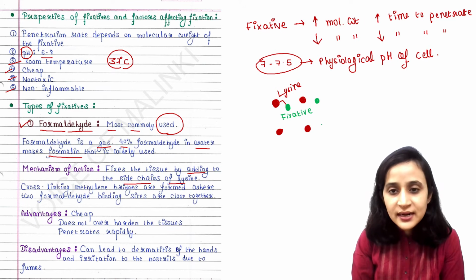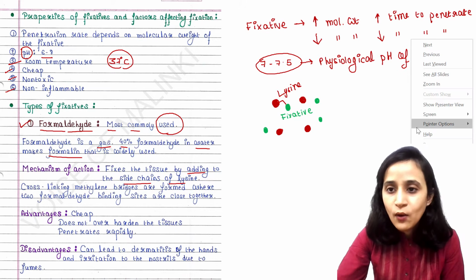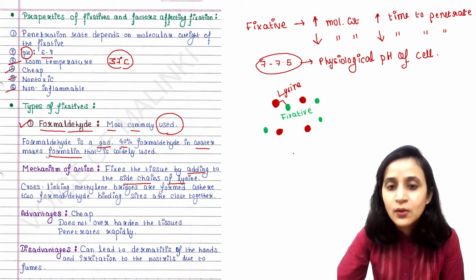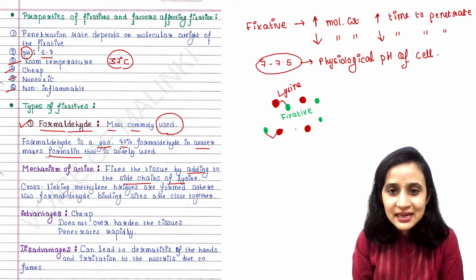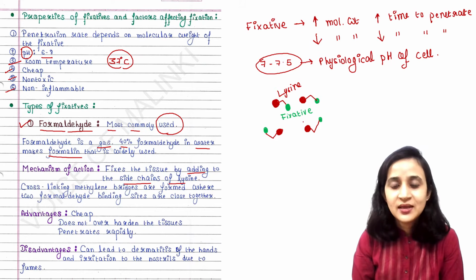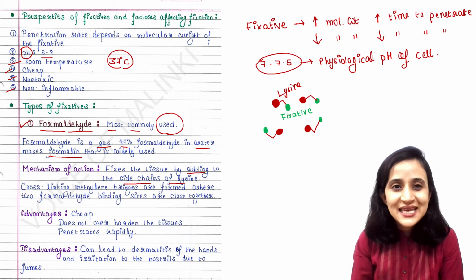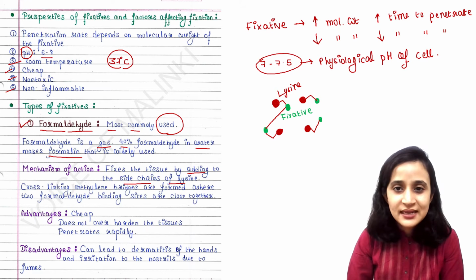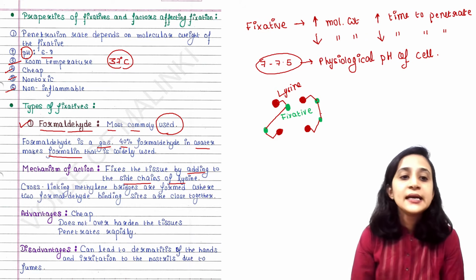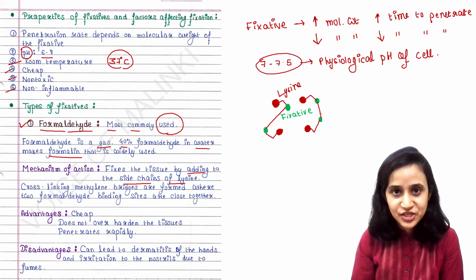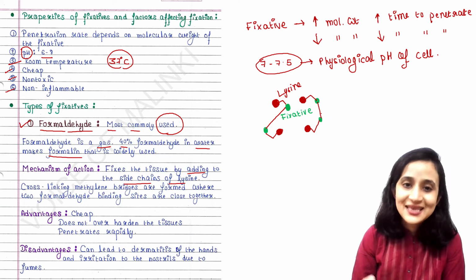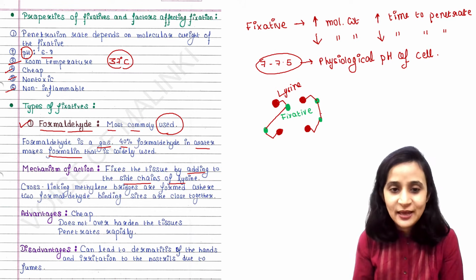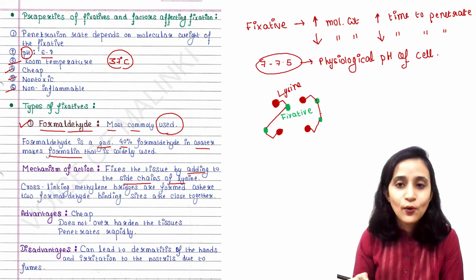Now, different formaldehydes are bound with the lysine amino acids of different proteins, and the cross-linking will occur between them due to the methylene bridges that are formed by this formalin. In this way, they will cross-link different proteins and make them stuck.